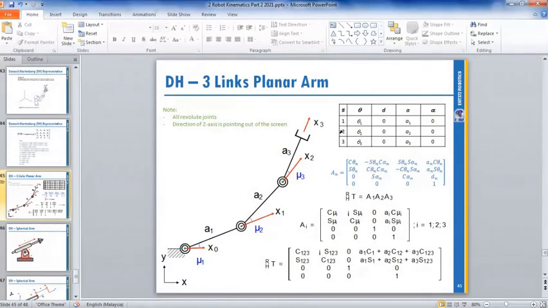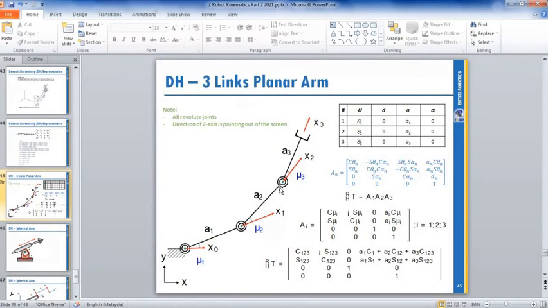And then from frame 1 to frame 2, you have also rotation theta on Z, because you don't have height. If you have height, then you have D. But for this example, you don't have Z distance. So you only have Z rotation. So you have theta 2, and then you have link length A2.